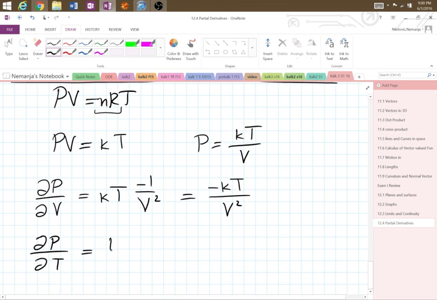K over V. The derivative of T is 1, and the rest are constants. So the change in pressure in respect to temperature is only inversely proportional to the volume. Well, not the change in volume, the volume.